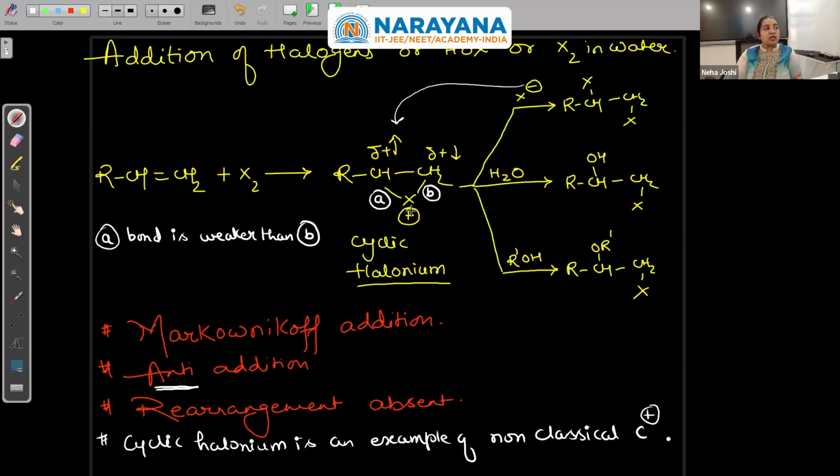Overall the products are Markovnikov because the negative part goes to the more substituted carbon. These are vicinal dihalides, halohydrins, and an ether and halogen combination. If there is any other nucleophile in the medium, anyone can attack here. Rearrangements are absent because a free carbocation is not involved, so there won't be any rearrangement.